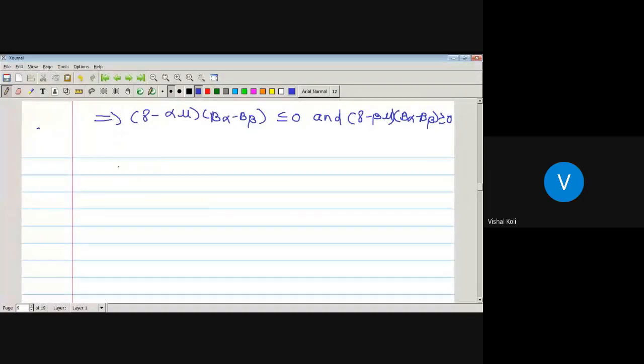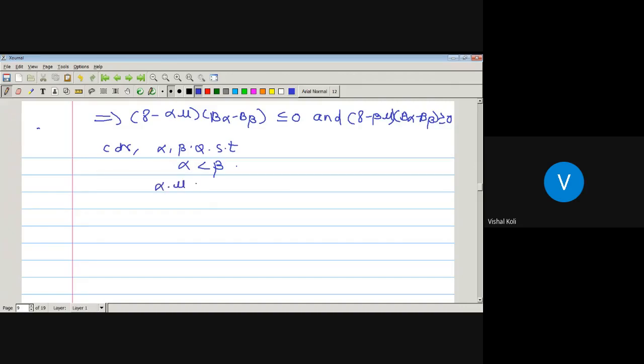Now after that, consider alpha and beta to be any two rational numbers such that alpha is less than beta. As alpha is less than beta, and mu is a measure, therefore it must always be non-negative.